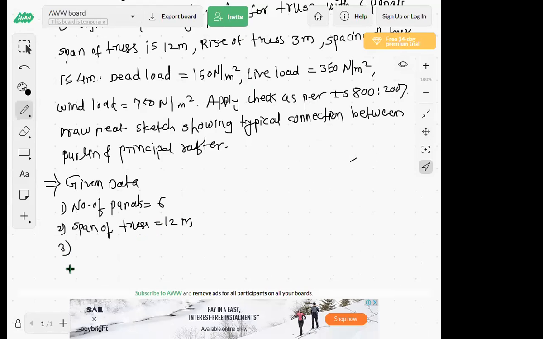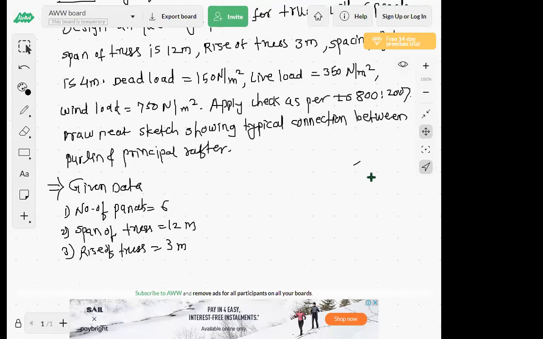So how to calculate rise of truss? Rise of truss is 3 meter as given, or we can calculate it as 1/3 to 1/5 of span. In this way we can calculate rise of truss.